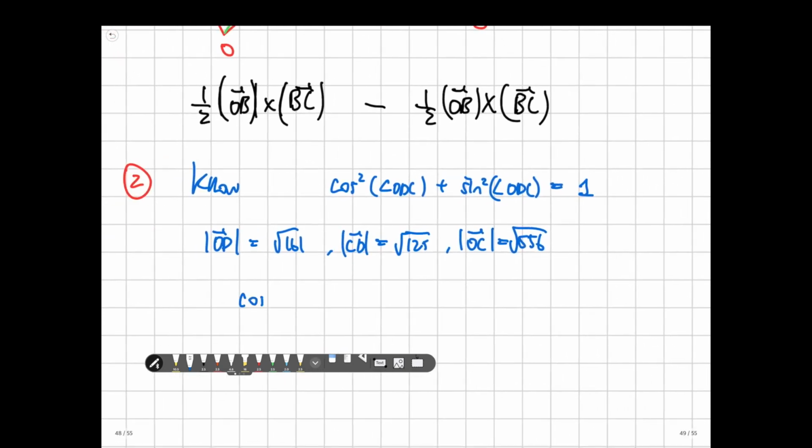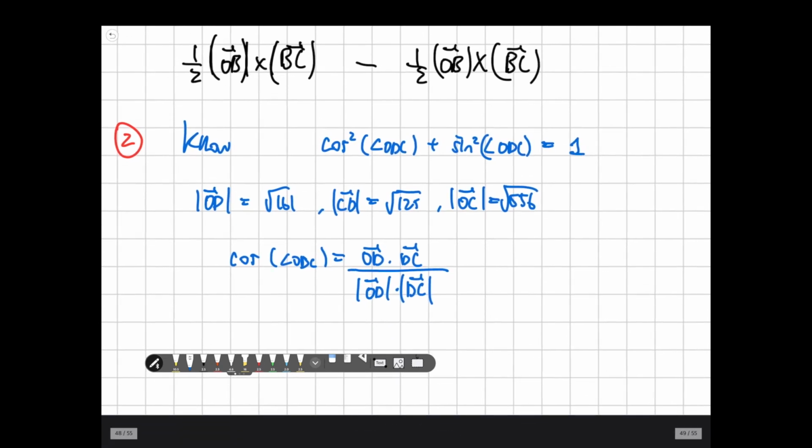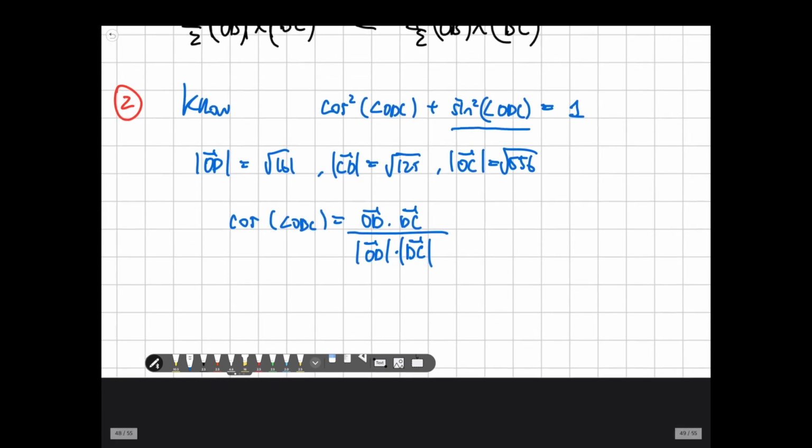After all these values, we can find the cosine of ODC, which is just OD dot DC under the magnitude of these two, so we can find ODC. After that, we can find this value, that is sine ODC.